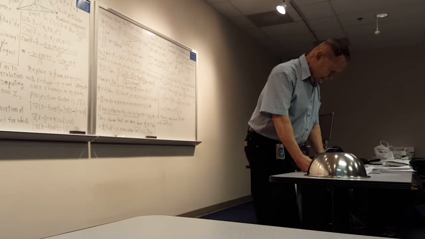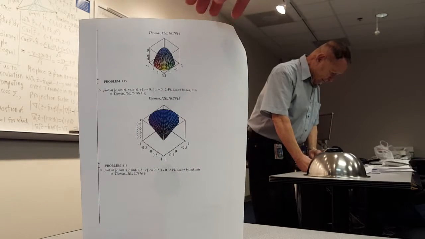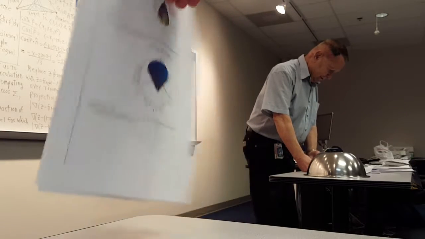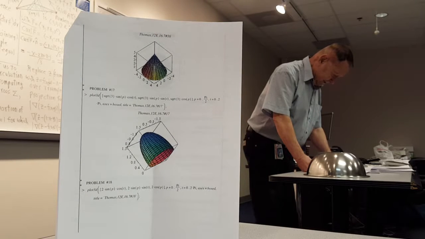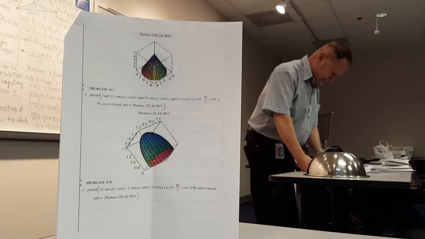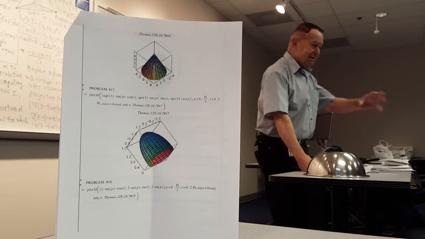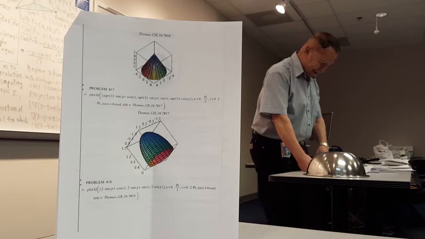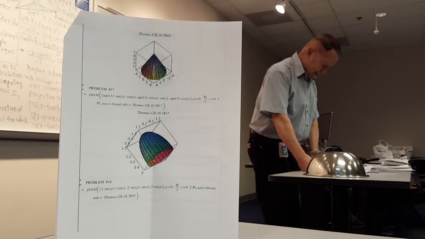Then 17 is one of these paraboloids again with the cylindrical, well, no, I guess it's actually a hemisphere, isn't it? It's a hemisphere, and I turned, with the mouse, the box off on the side so that you could see there is an inside of it. And then 18 is our hemisphere also.